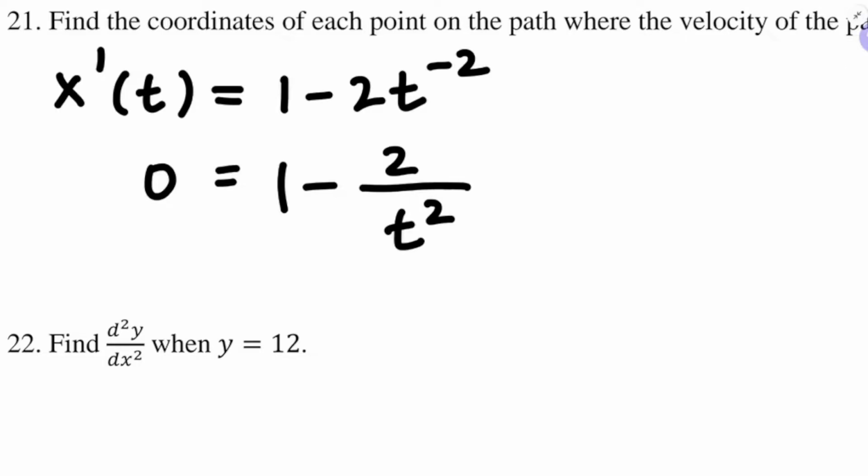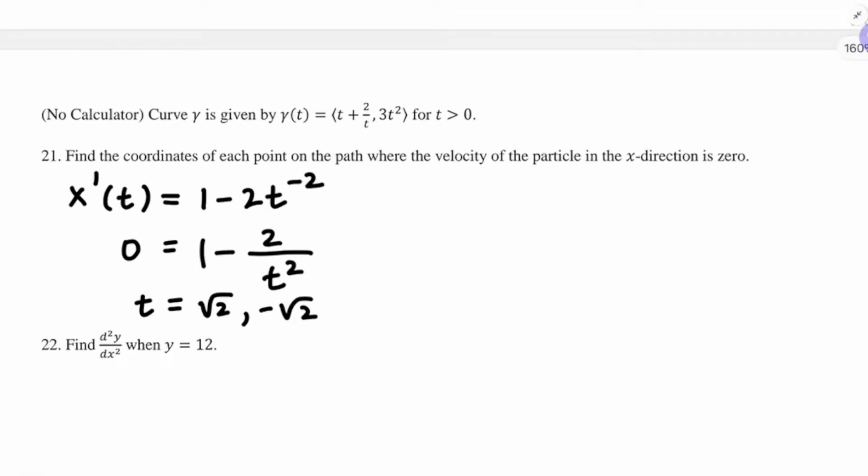Okay, so we've got this. This is great. T is going to either equal the square root of 2 or the negative square root of 2. I want the coordinates of the point on the path. So I'm going to say gamma at root 2 is the point root 2 plus 2 over root 2.